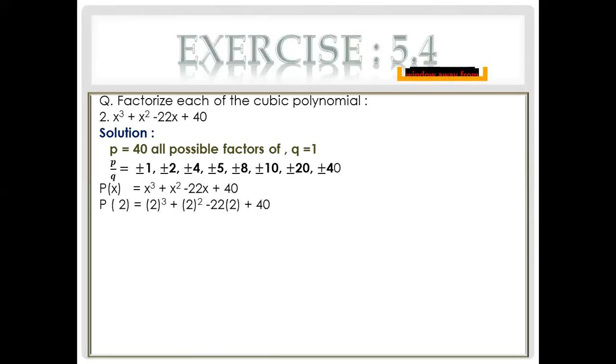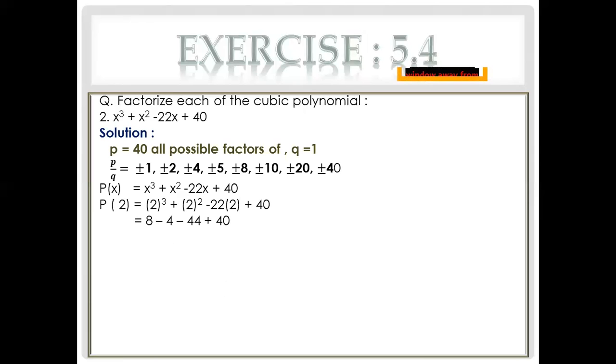The constant term is 40, so if we check with plus minus 1, it will be useless for us. When you put 1, the 1 cube is always 1, and the number will be so small, so that's why we start from 2. First we put x equals 2: 2 cube minus 2 square minus 24 into 2 plus 40.